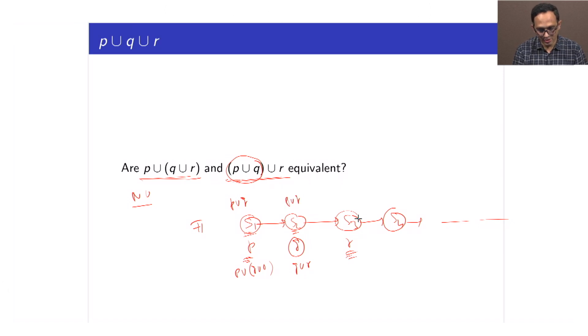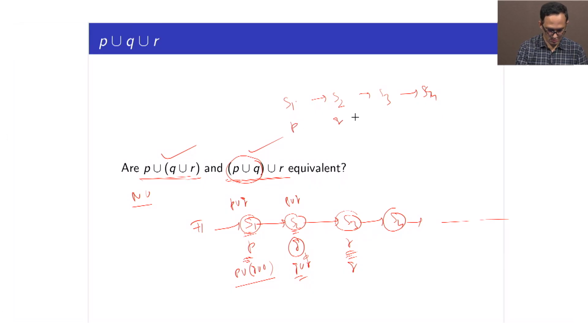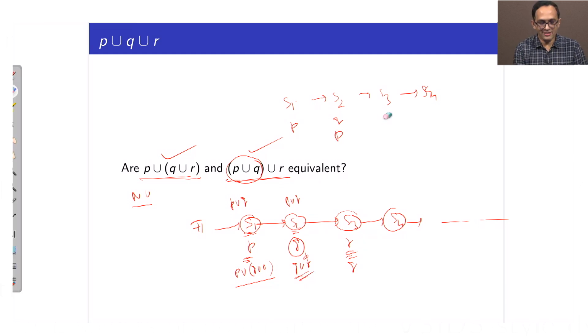In this example both are the same, so I can say that both this and this hold. In this example we found that both properties hold.